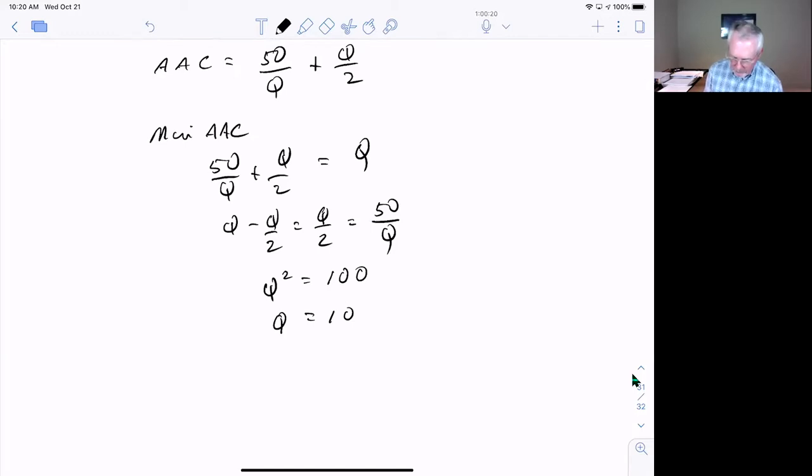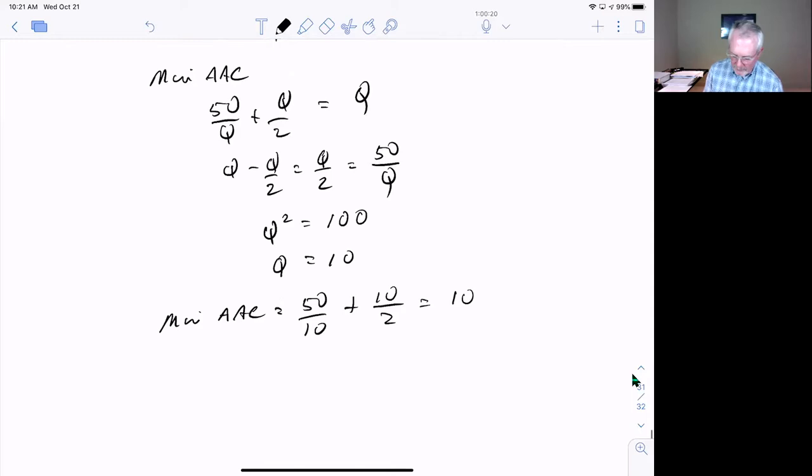So I have to stick that in. What is minimum average avoidable cost? Well, it's going to be 50 over 10 plus 10 over 2. That looks like it's also 10.